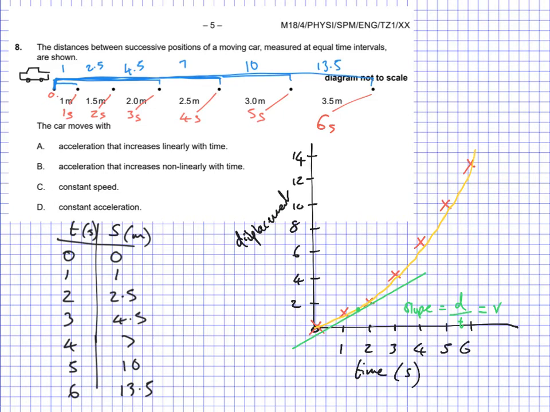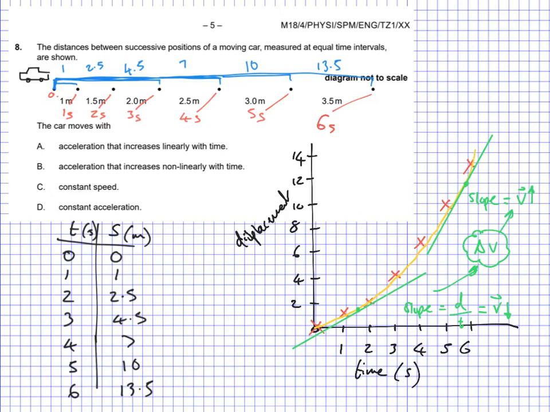But if I go further along in time as the car is traveling, and I take my tangent line up here somewhere, is this slope steeper? Yes, it is. So this slope means that the velocity is bigger here, and the velocity is smaller here. So there's been a change in velocity between here and here.